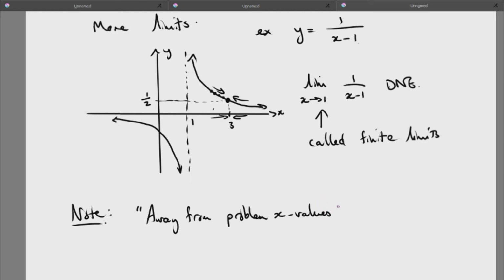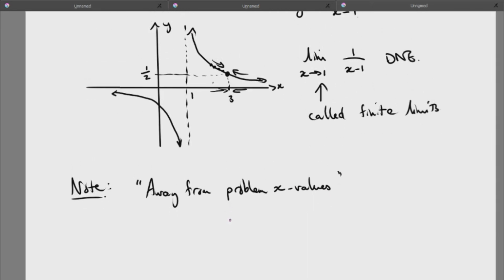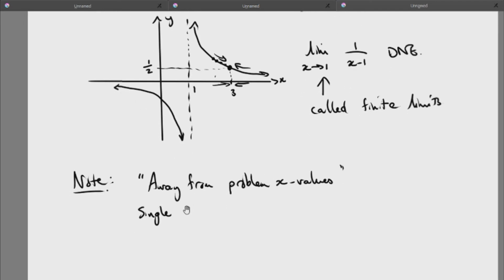Away from those, in other words, not entirely true, but if I have a single function, like this single rational function, defined at the x value in question, let's call it x equal to c, like 3, or something else, there's no problem there.